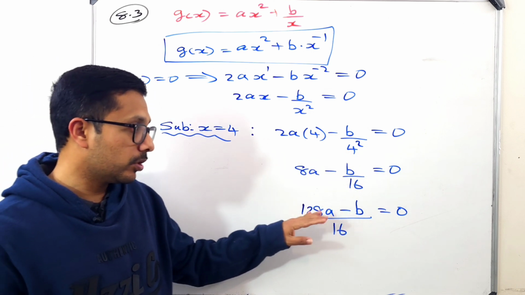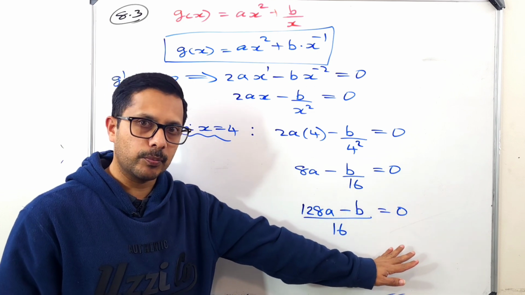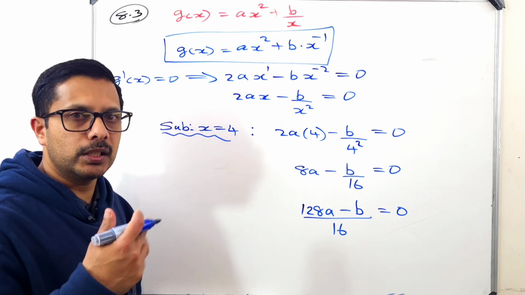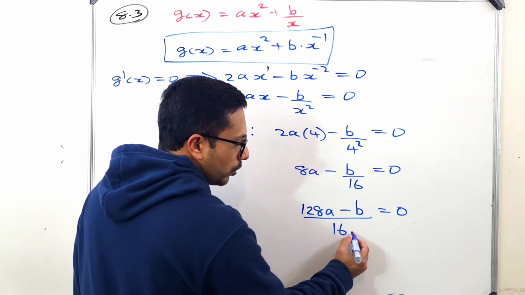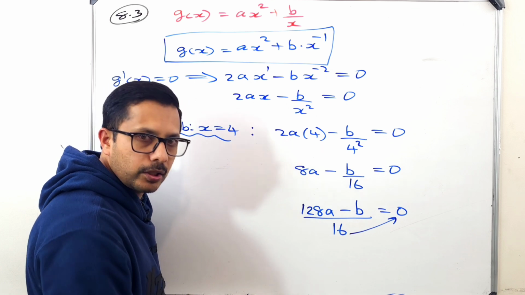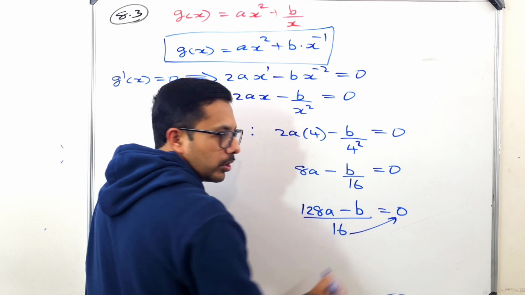There is no need to write all these steps when you write your exam. If you can avoid them by practice, without making mistakes, then it is better. So if I multiply this 16 with the 0, 16 times 0 is 0.